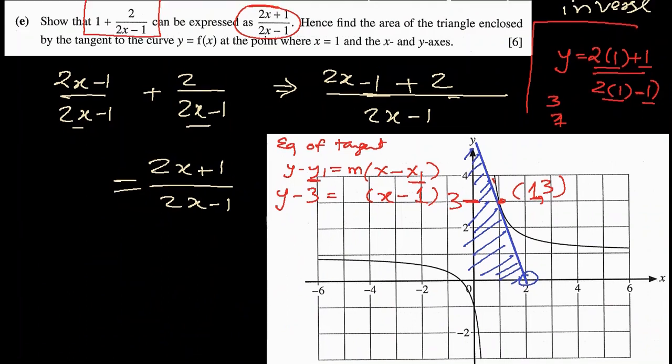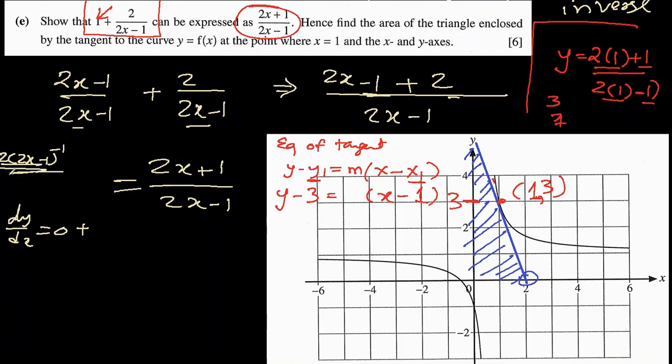So the differentiation of 1 is 0. So dy over dx equal to 0 plus, and 2 over 2x minus 1 can be written something like this. Let me write here 2(2x minus 1) to the power minus 1. Isn't it? This was a denominator, I made it a numerator.